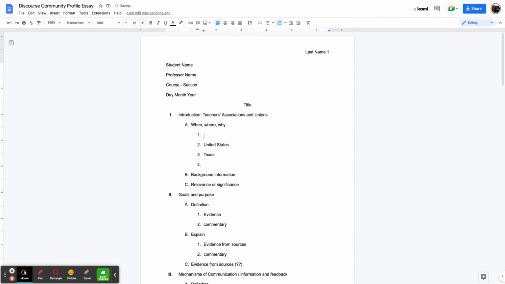So if I think when, I know that most of them were formed around the 1970s. Very few associations and unions existed prior to that because the 1970s is when the No Child Left Behind Act came into play, and when several other huge moves were coming into play for American teachers. And so I might think the when is 1970s, the where would be the United States.